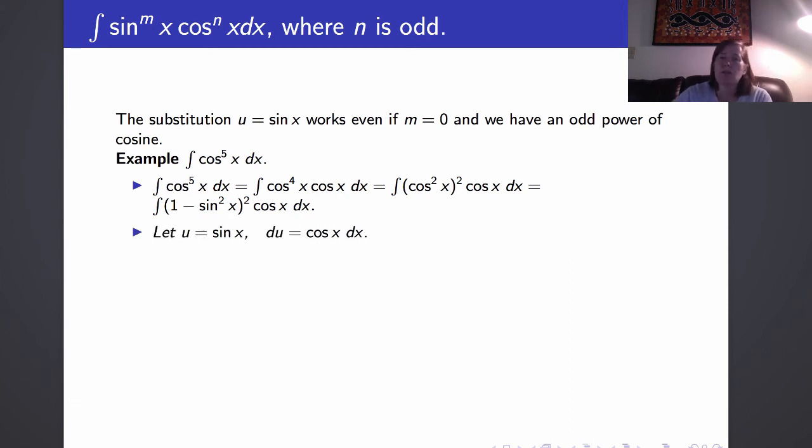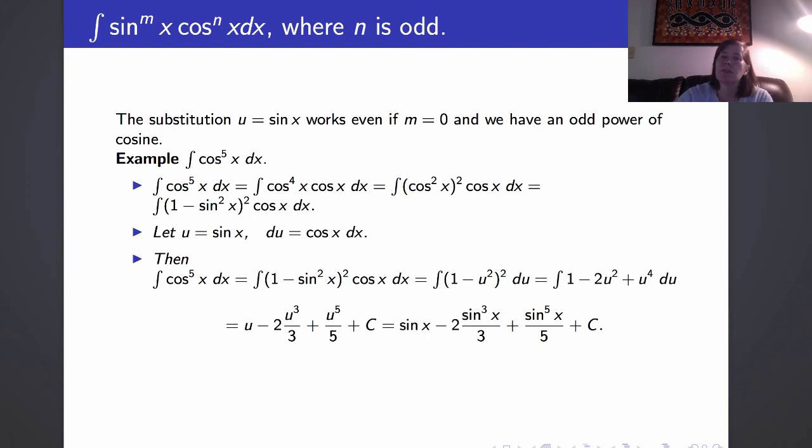Now we can make our substitution, that u equals sine x, then du is cosine x dx. And because we've written everything in terms of sine of x, or du, we have our integral of cosine to the 5x is the integral of 1 minus u squared squared du. And that's the integral of 1 minus 2u squared plus u to the 4 du.